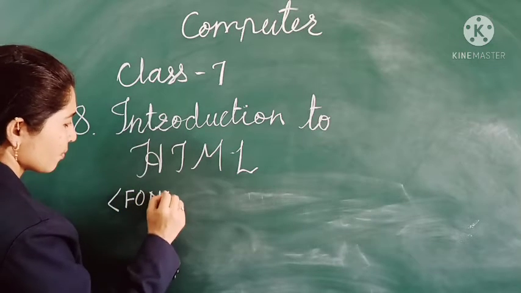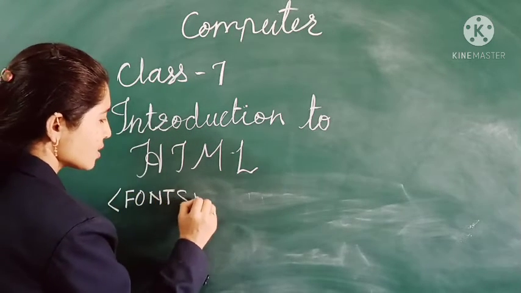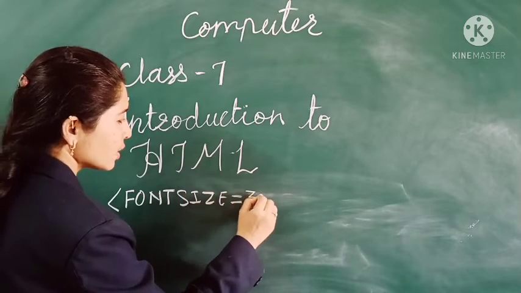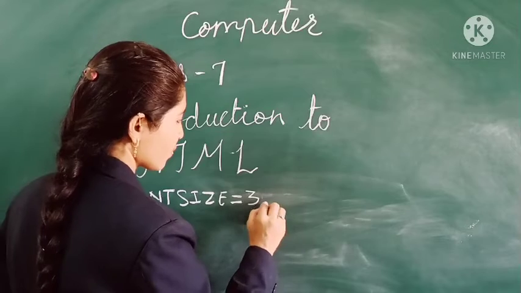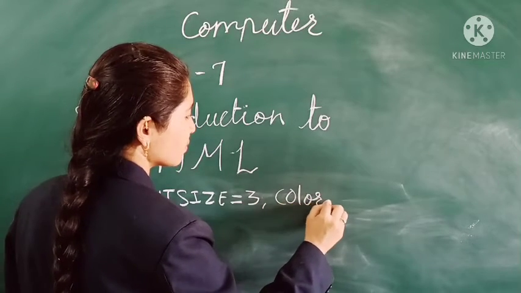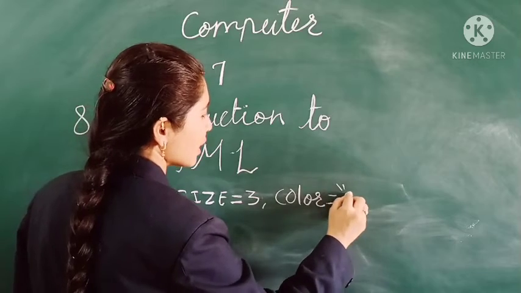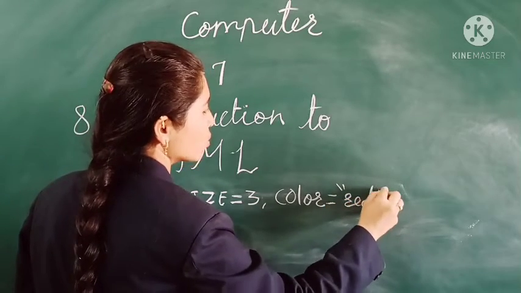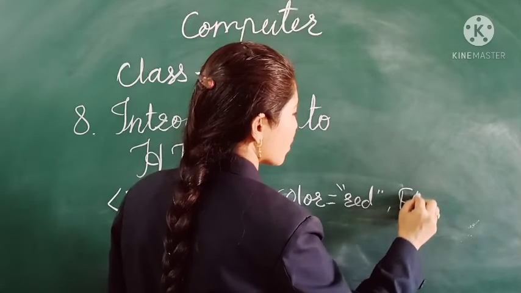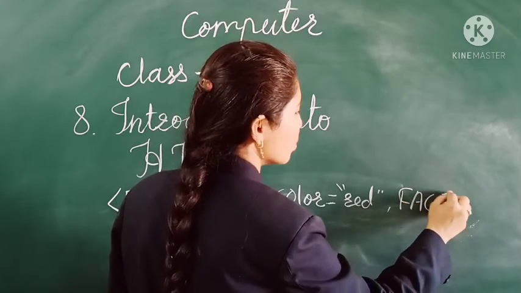Then you can write in the tag font size is equal to 3, then color is equal to red. In inverted commas you have to write this color, and after that face. Which face are you going to use?